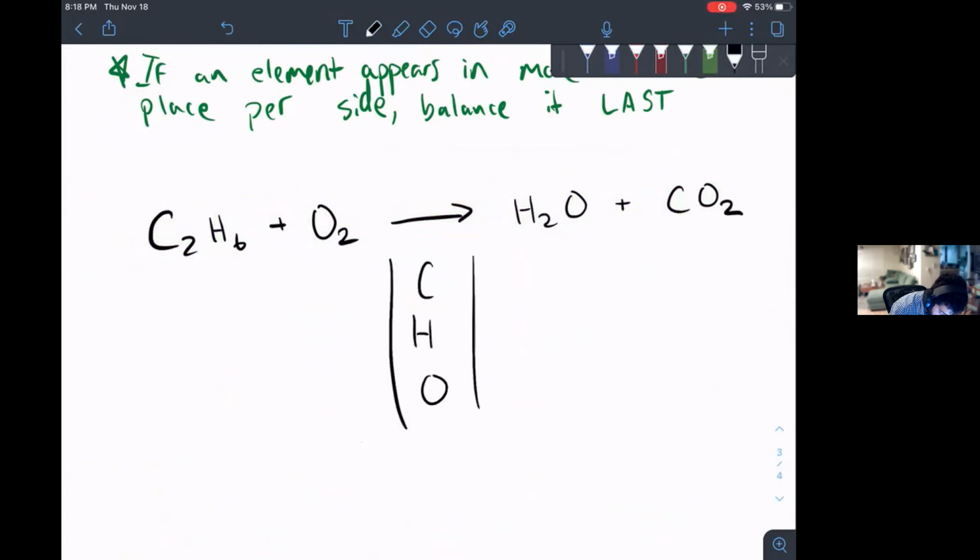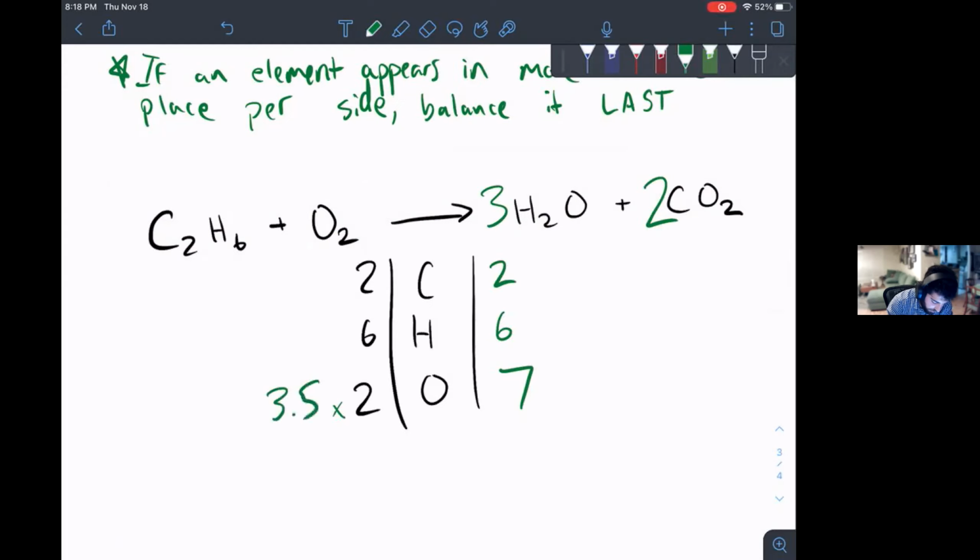C2H6, and we had our coefficients, I believe, of 3 and 2, which brought this to 2, 6, and 7.